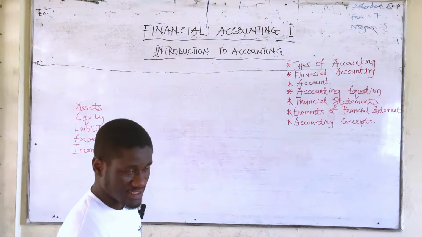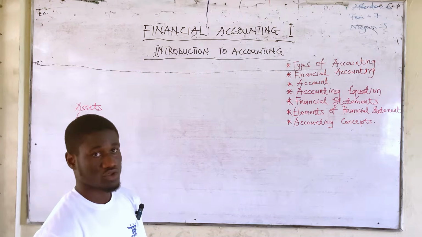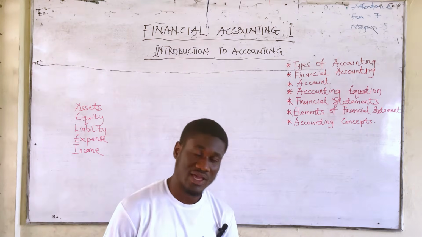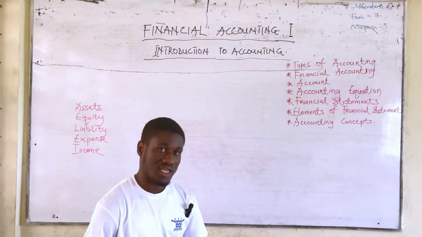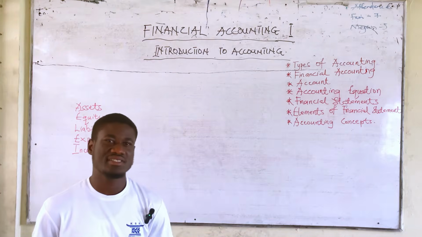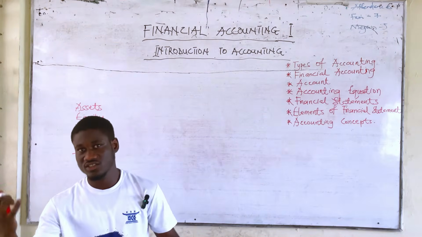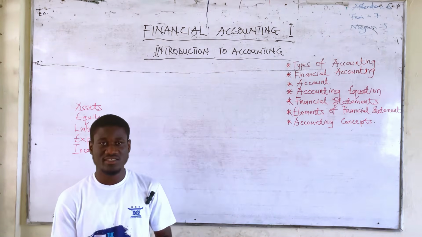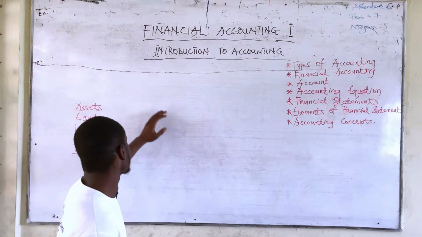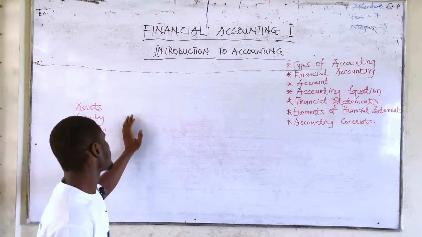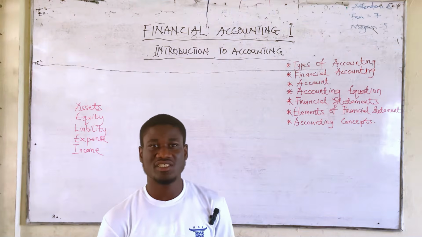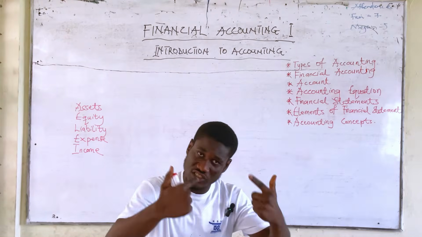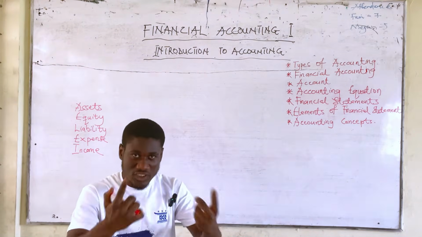Good. So we have the asset explained, which we said is an economic resource that provides us with economic benefits. And under it, we have the non-current assets and the current assets. Good. So non-current assets, examples are furnitures, buildings, office equipment, investments. You get it? So motor vehicles and the likes. So you can see that these items that I've mentioned provide us with economic benefits. They are resources and they have the potential of providing us with economic benefits beyond a year.